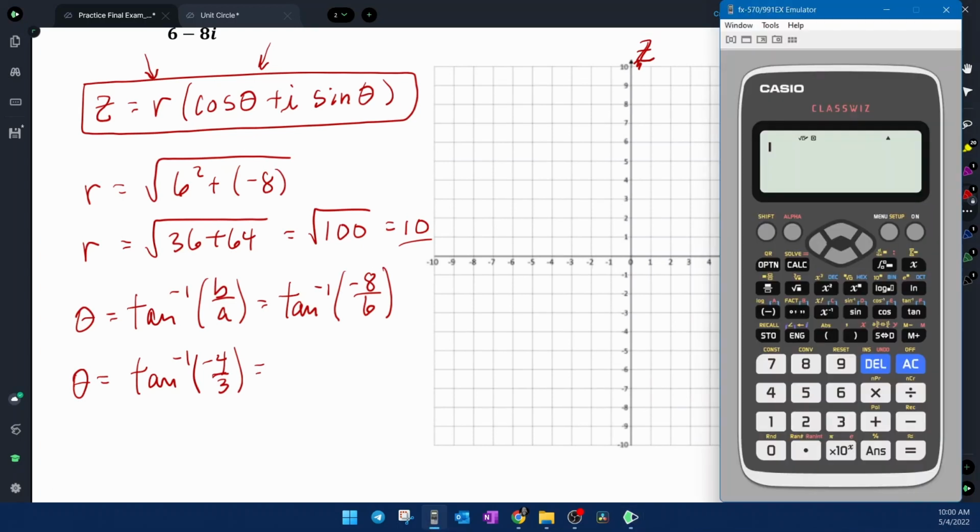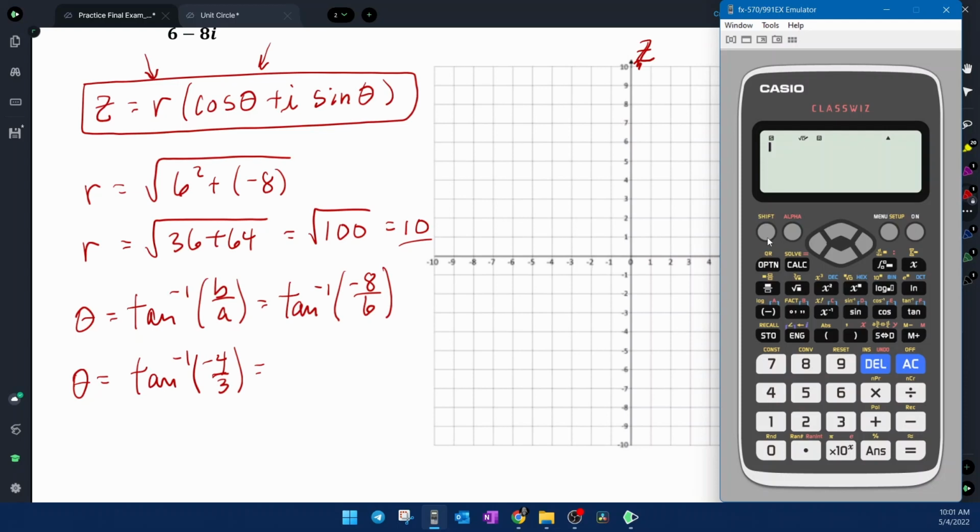And reading the instructions, they did not indicate whether theta needs to be in radians or degrees. I feel like it's probably going to be radians. And so what I'm going to do first is I'm going to switch my calculator to radian mode. That's going to be shift and menu, the angle unit to radians. So now I've got radian mode.